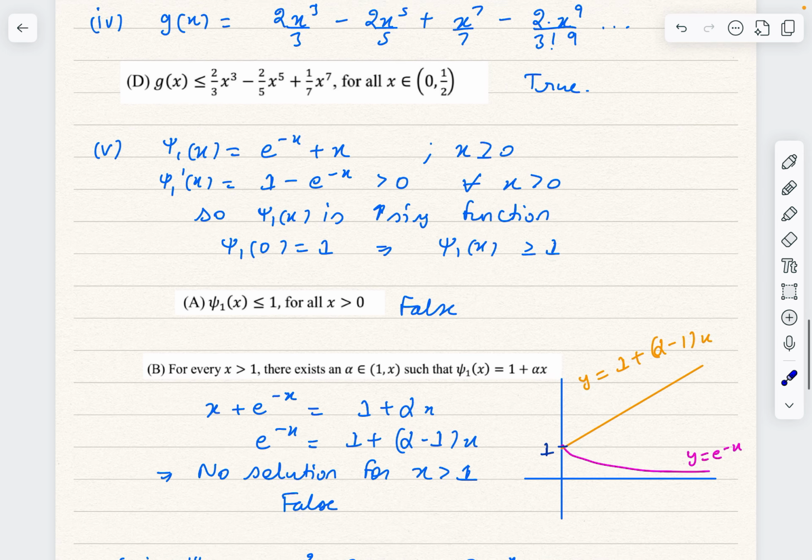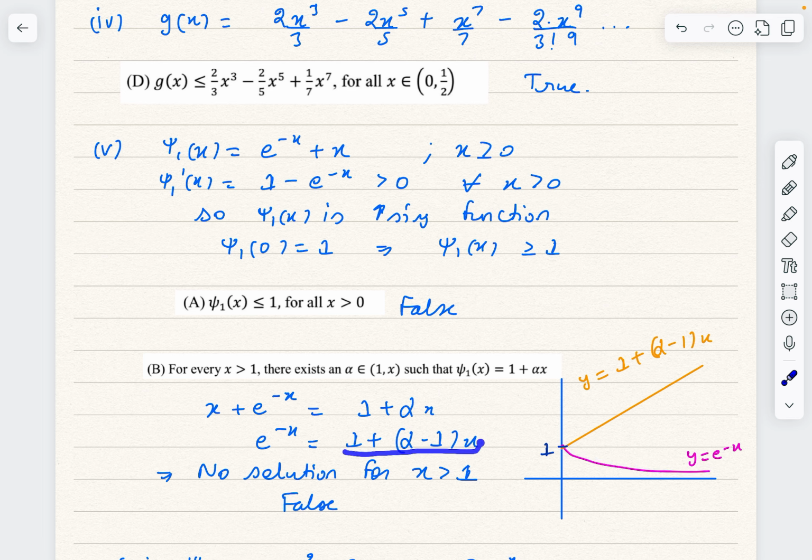Next, this is saying for every x greater than 1, there exists an alpha from 1 to x such that phi 1x is equal to 1 plus alpha x. Just equate phi 1x equal to 1 plus alpha x, you get e power minus x plus x equal to 1 plus (alpha minus 1)x. Now e power minus x graph will be a decreasing graph. Value at 0 will be 1.